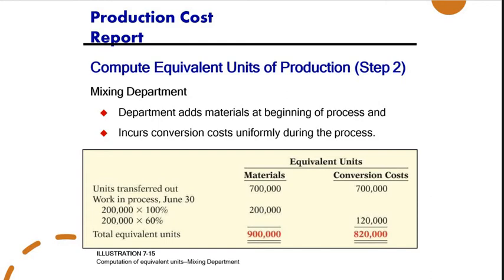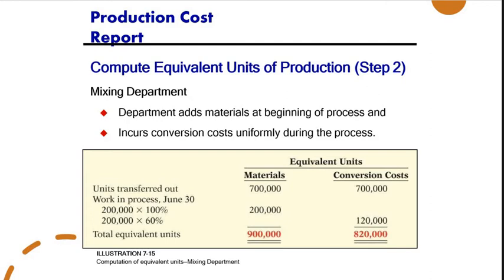Okay? So, sa step 2, once the physical flow of the units is established, like for example, ngayon, si Kellogg's must measure the mixing department's productivity in terms naman of equivalent units of production. Ito yung step 2.